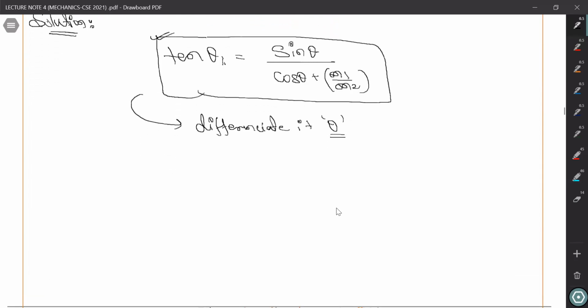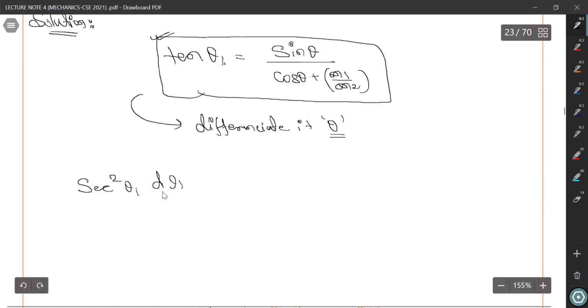Tan theta 1 will become sec square theta 1 d theta 1 by d theta, which is equal to, using the basic UV rule for differentiation, sine cos theta plus m1 by m2.